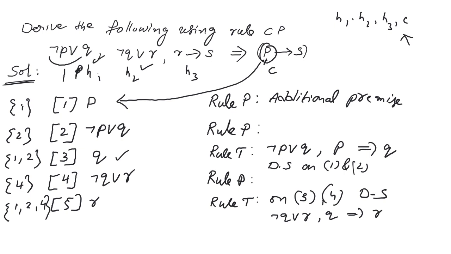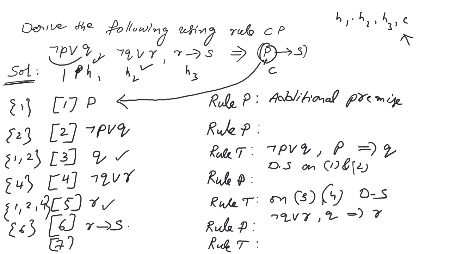Next, I have R conditional S in hand. Now R is true. I have a statement R conditional S. This is also true. Actually, this is a given premise. Rule P means this is a given premise. If it is rule P, it should be 6. Now R is true and R conditional S is also true, so what will happen? Rule T, by modus ponens. This is a Latin word.